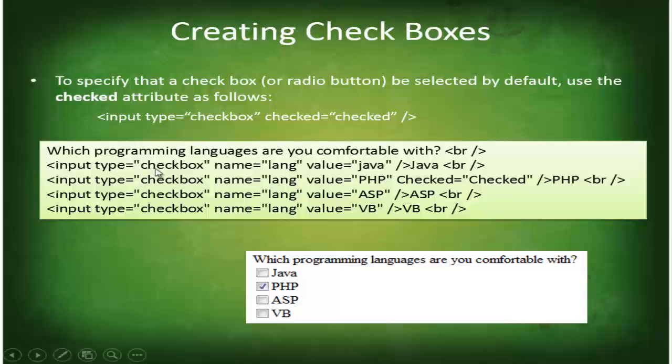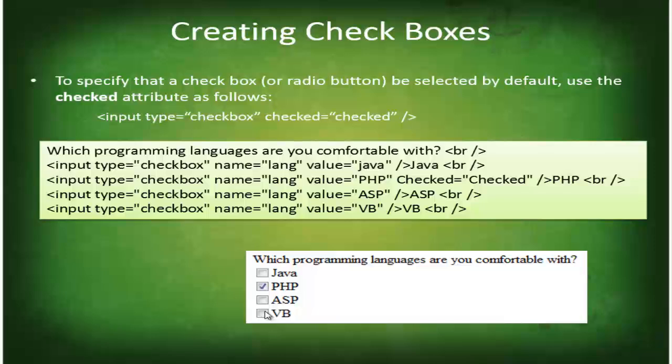The way in which we do it is we say type equal to, in the last case I said type equal to radio, but now I'm saying type equal to checkbox. So what's the difference? Remember, the name is the same like that of the radio button, only the type is checkbox. When you have the checkbox, you can select all of them, or you can select none of them, or you can select any of them.